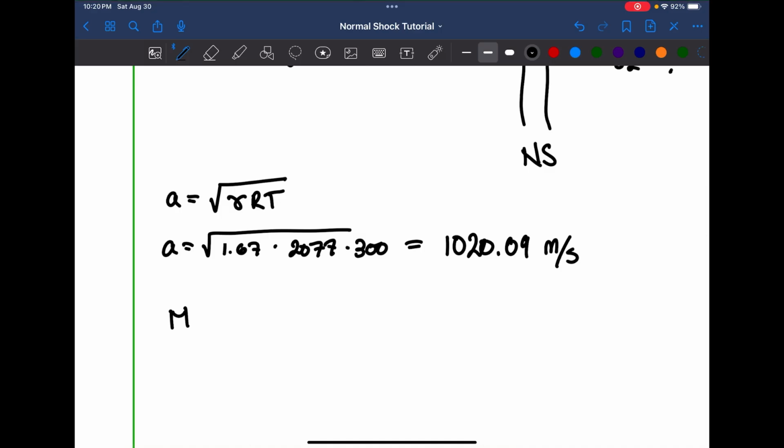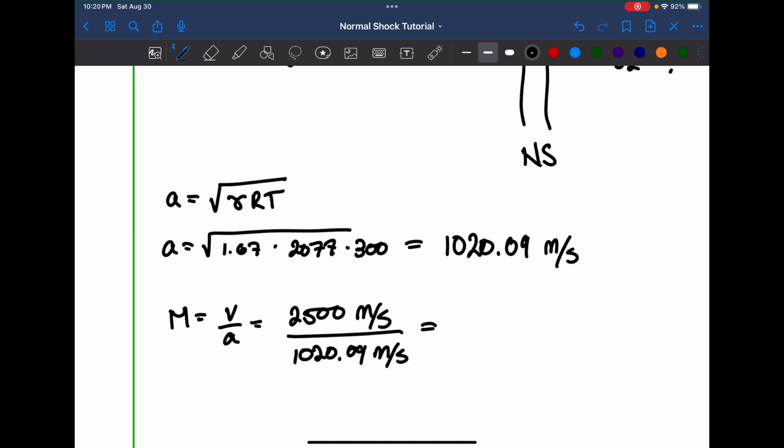So I'll write it out for us. We've got 2,500 divided by 1020.09. That gives us a Mach number of 2.45.